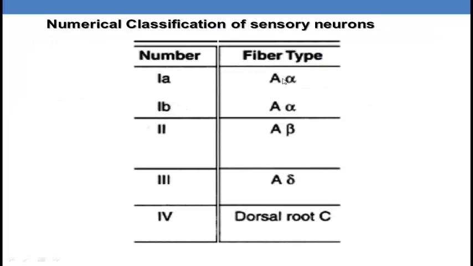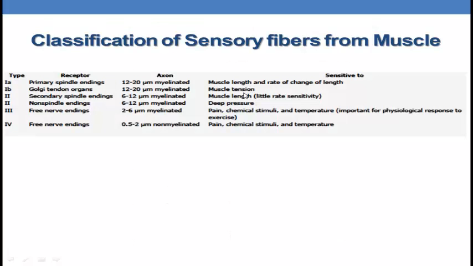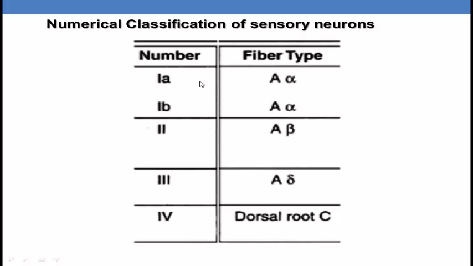Fibers may be classified as A, B, and C, and the sensory fibers as 1A, 1B, 2, 3, 4. Type 1A and 1B correspond to A alpha fibers. Type 2 corresponds to A beta. Type 3 corresponds to A delta, and type 4 corresponds to dorsal root C fibers.